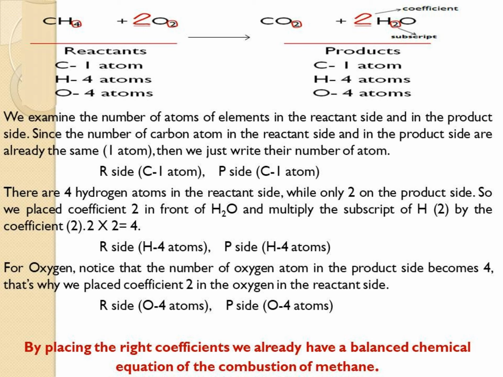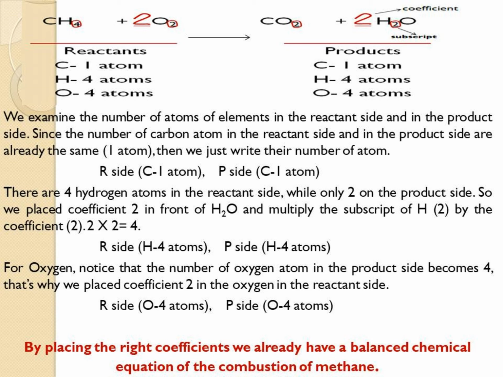So we place coefficient 2 in front of H2O on the product side and multiply it with the subscript 2 of hydrogen, giving us 4. On the reactant side, hydrogen has 4 atoms, and on the product side, hydrogen also has 4 atoms.